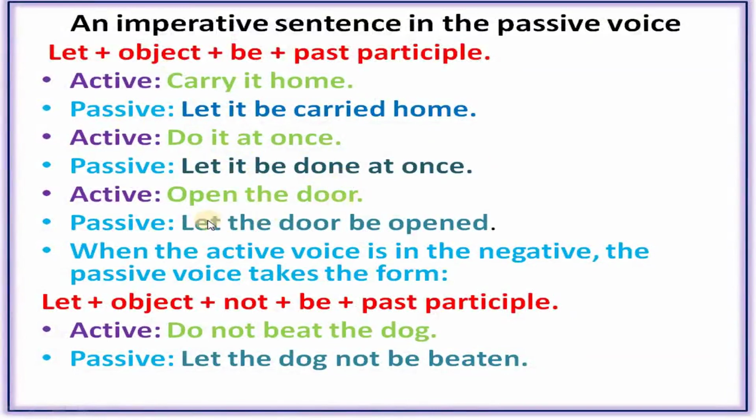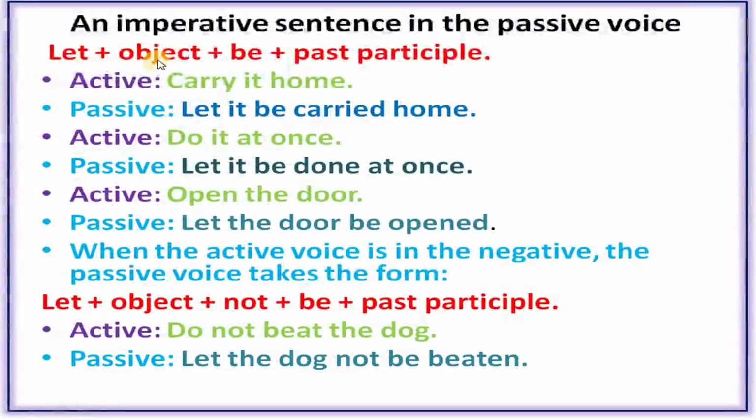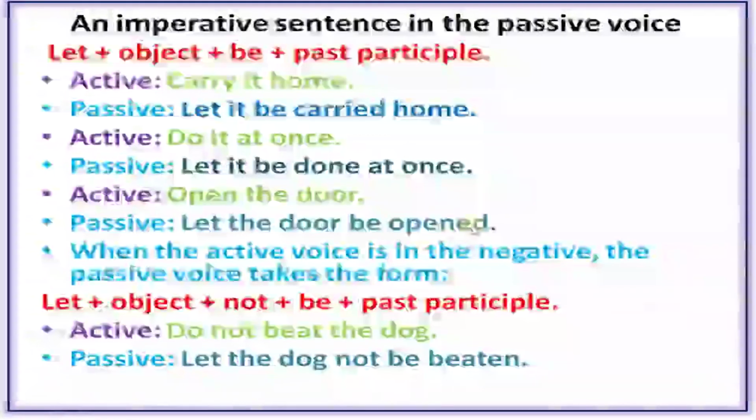"Open the door." "Let the door be opened." Open is the verb and the door is the object, so let comes first, then the object, then be plus the past participle.